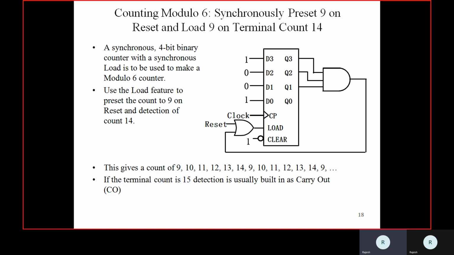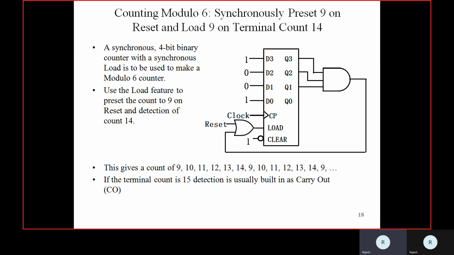We are doing the load operation. So D3, D2, D1, D0 are fed with 1001. Synchronously preset 9 on reset and load 9 on terminal count 14. Okay. So 1001 means 9. We want to load that data, and for which we are using modulo 6 as the design.